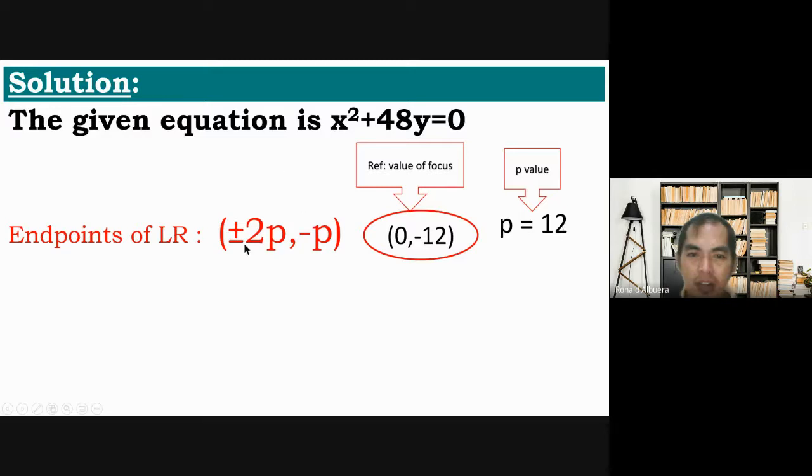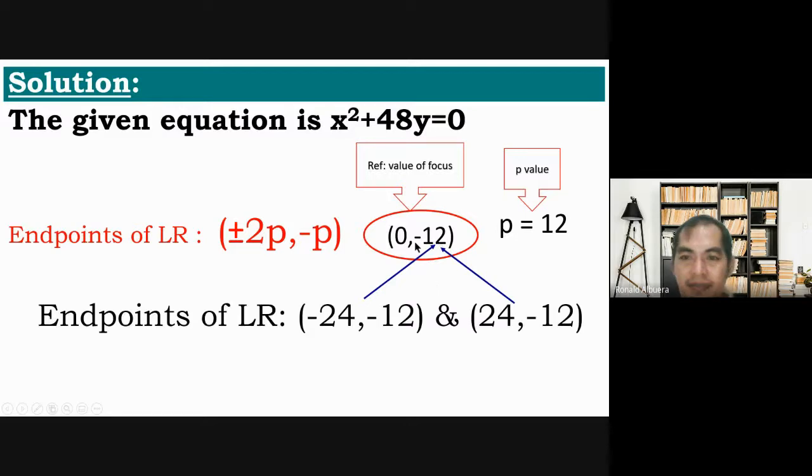You just multiply it by 2. 12 times 2 is 24. Kukopyahin lang nandito. Kita ninyo? So 12 times 2 is 24. This is plus or minus. That is why 24, and then negative p. So we have 24, negative 12 and negative 24, negative 12. These are the two endpoints of the latus rectum.